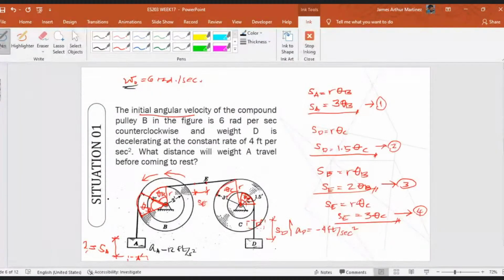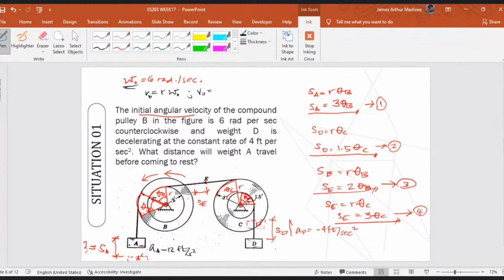The angular velocity of pulley B relates to the linear velocity of A, which is the initial velocity, so initial velocity is equal to the radius multiplied by the initial angular velocity.